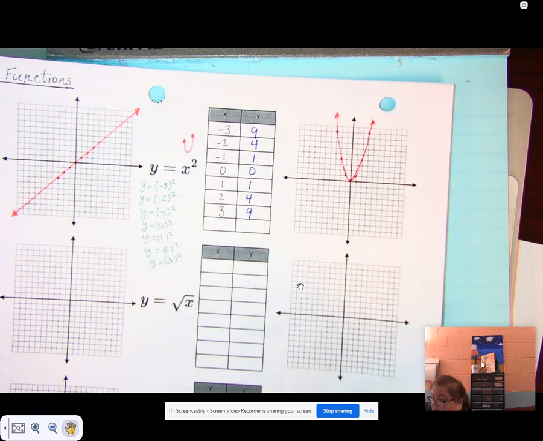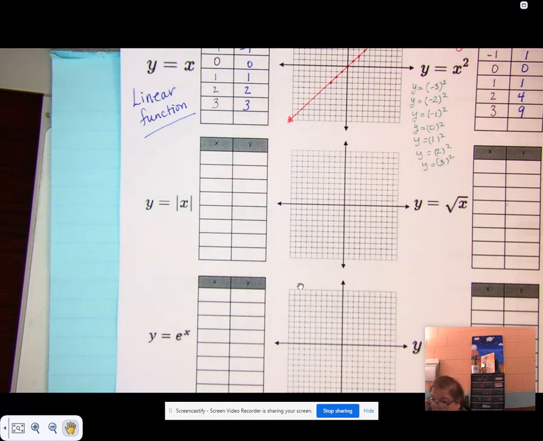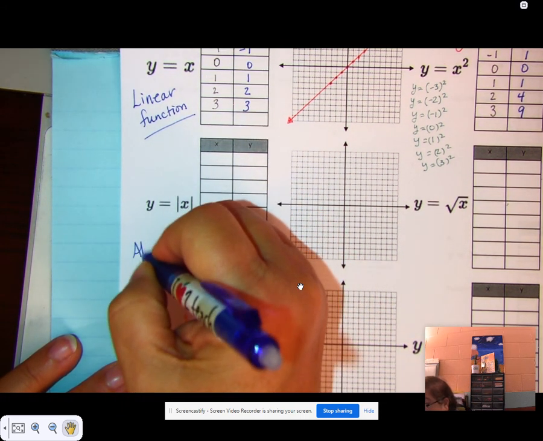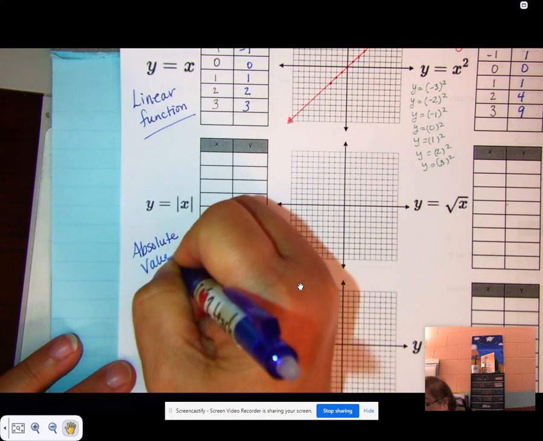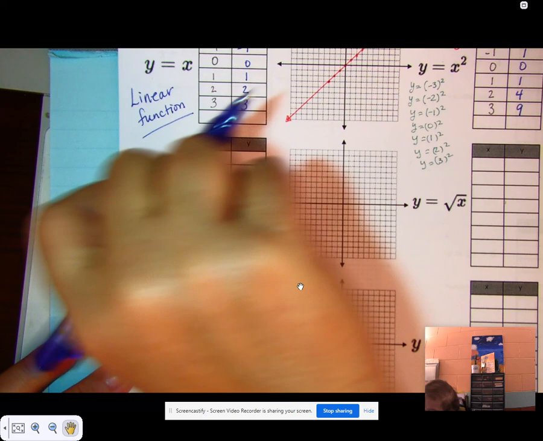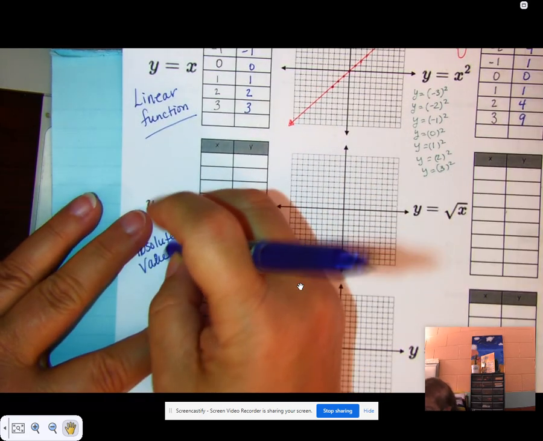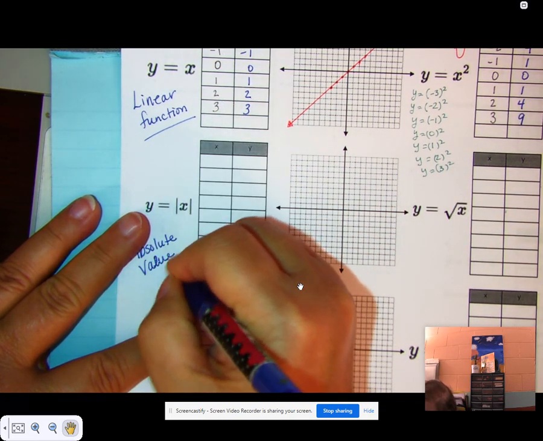So, let's look at our next parent function. y equals the absolute value of x. This is referred to as an absolute value function.